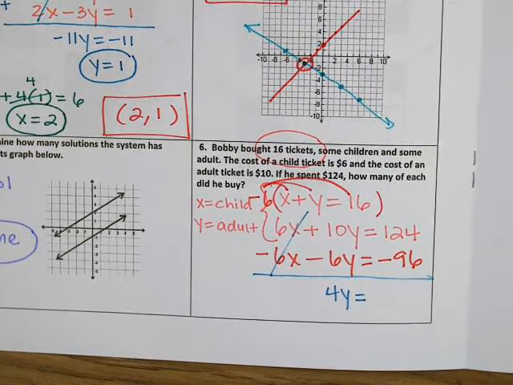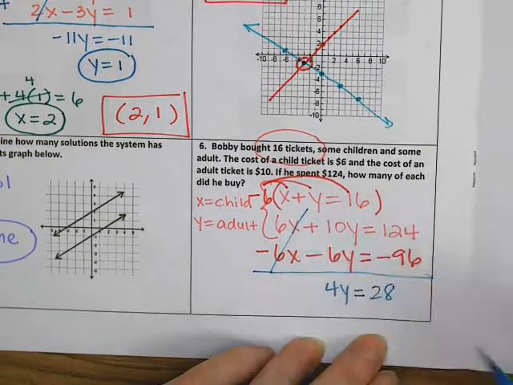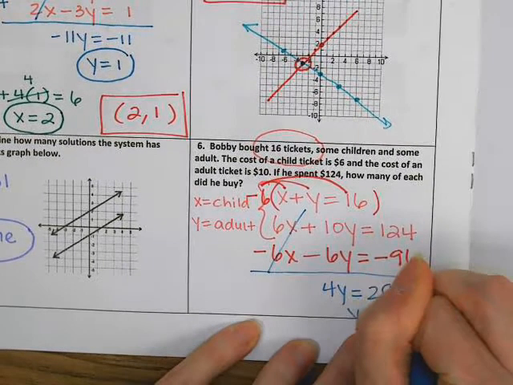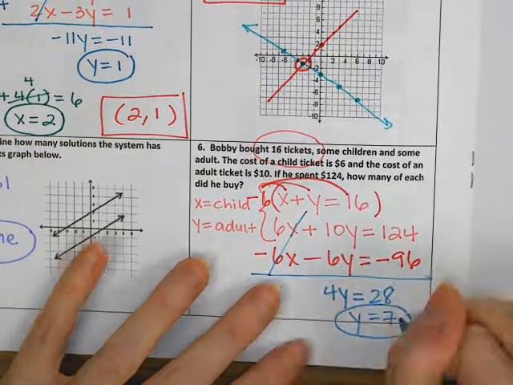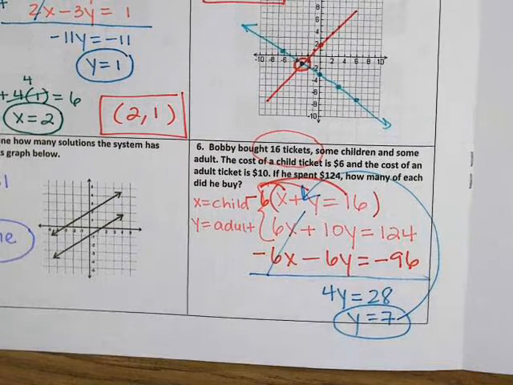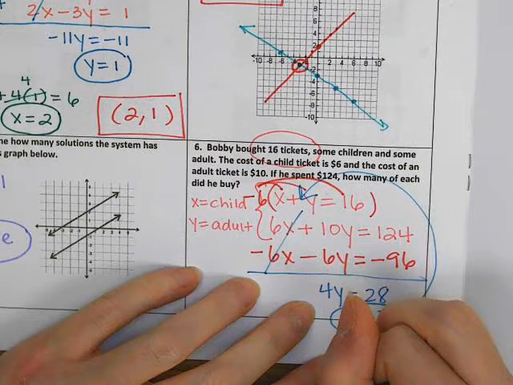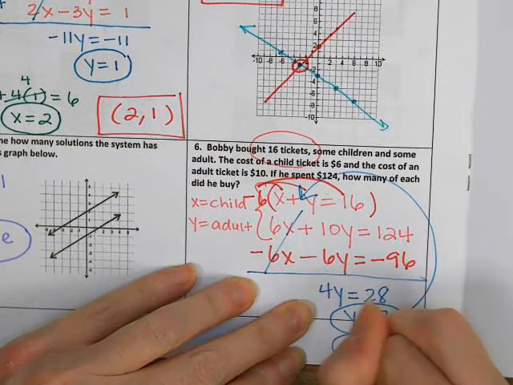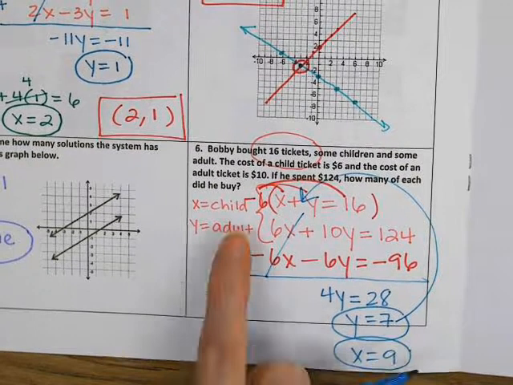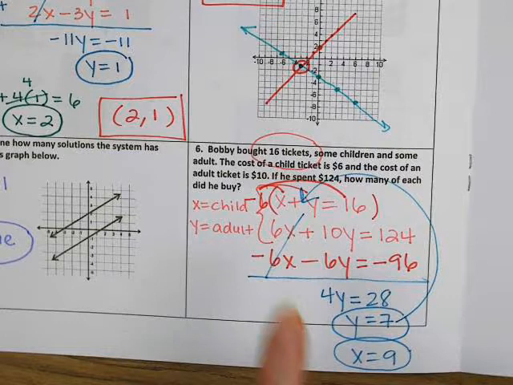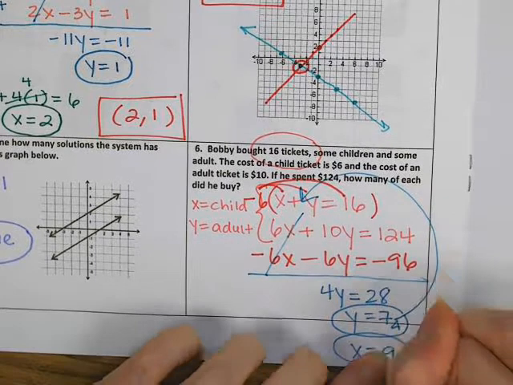Let's see, 124 minus 96 is 28. So if we divide by 4, y is 7. And then just plug it back in to find x, and x ends up being 9. So it would be 7 adult tickets, 9 children tickets. So I'll just write A and C for that.